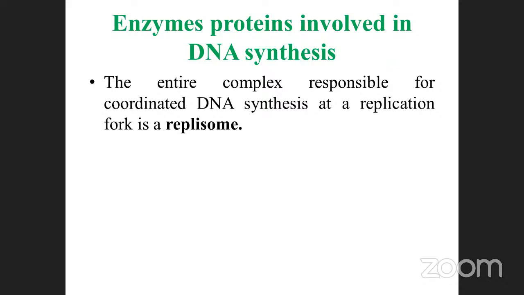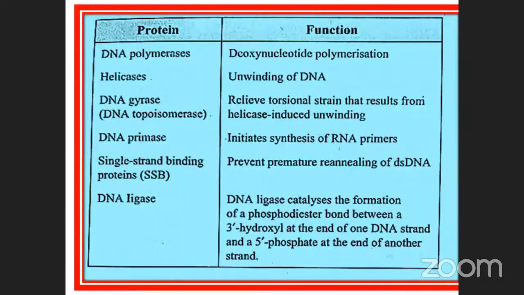Anyhow, the enzymes and proteins involved in DNA synthesis. This is another one. The entire complex responsible for the coordinated DNA synthesis at the replication fork is a replisome. Okay, replisome. This is also another important thing. See here, protein and function. DNA polymerase, what will it do?